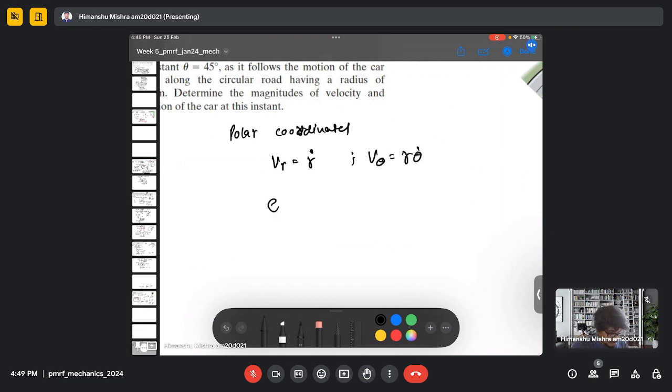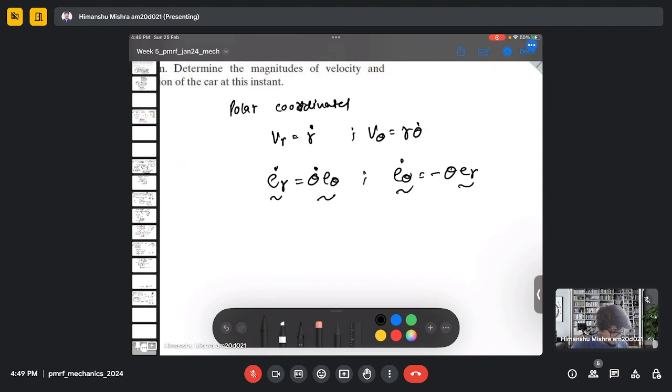In polar coordinates, you can write er dot as theta dot e theta, and you can write e theta dot as minus theta dot er. I'm just writing down all the formulae so that we can use them in the problem.